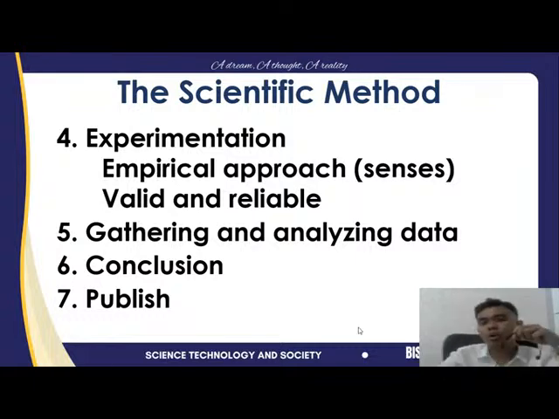So in conducting a study, in conducting research, following the scientific method is the best way for us to have a reliable result.